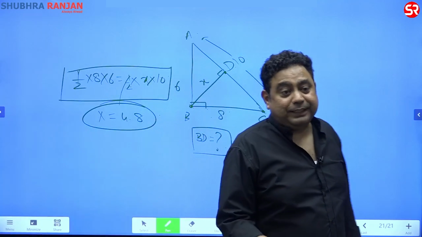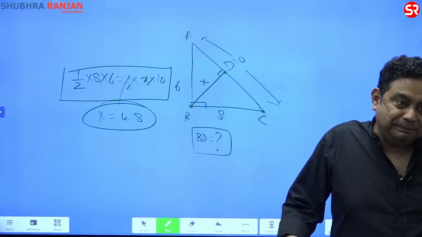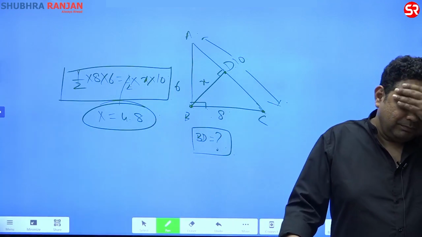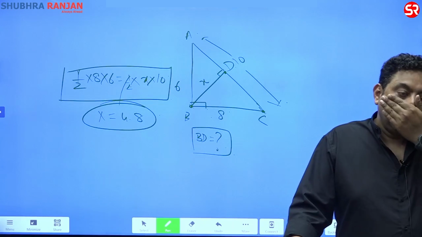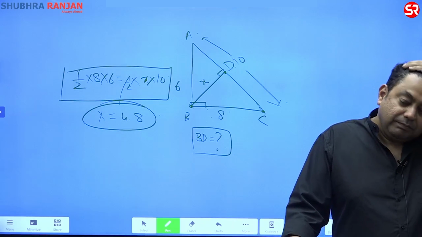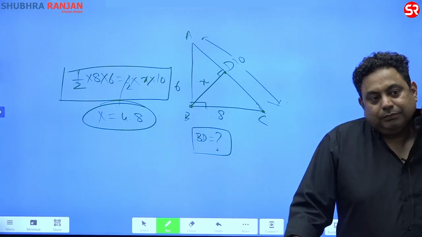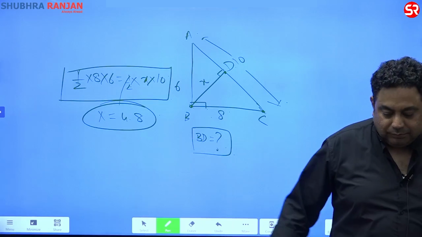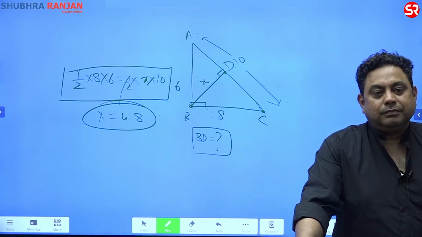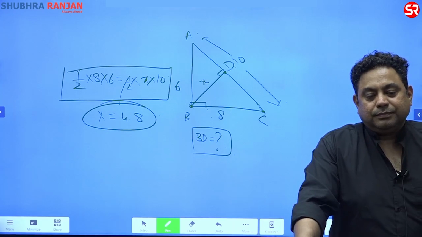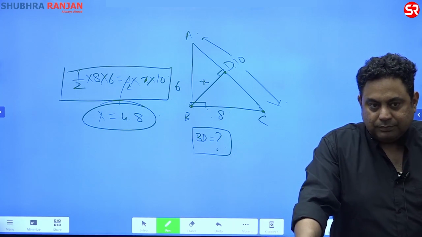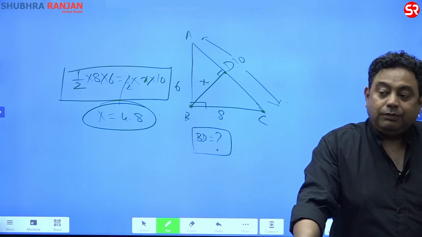Second use of Pythagoras: algebra. Right? Third use, one more.